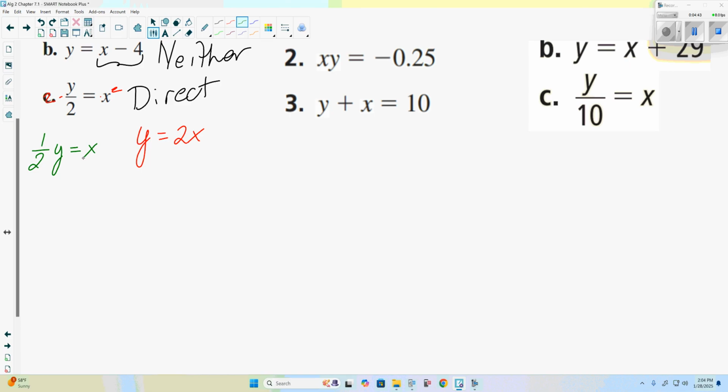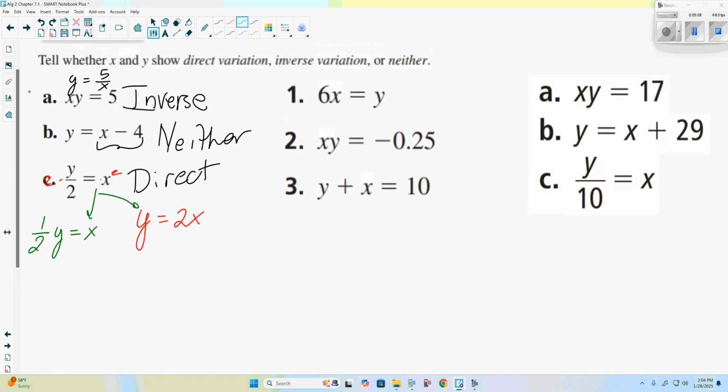Y is on top, so we can move the 1/2 over. Does that make sense? It'd be different if it was 2 over y. That's y on the bottom. Y over 2 and 1/2 y are the same thing. Questions on this here? No? Okay. Because again, I'm just giving different ways to look at this. But all three of these are direct.